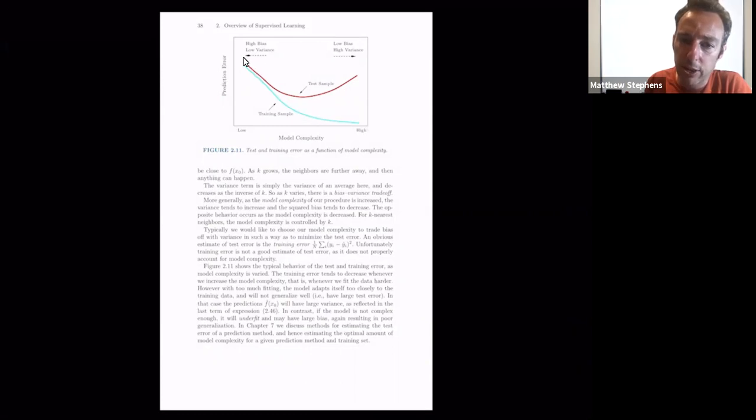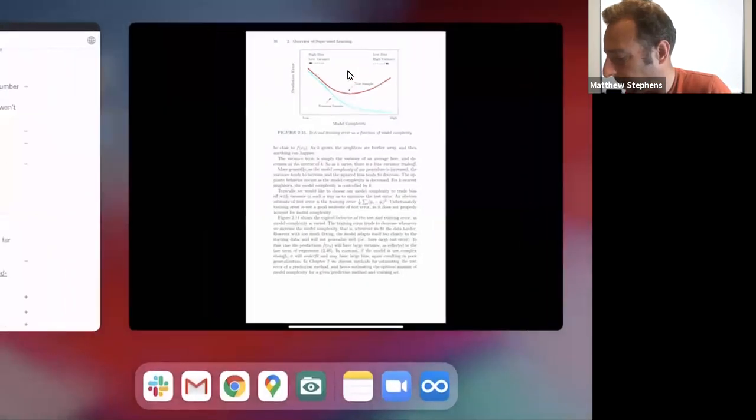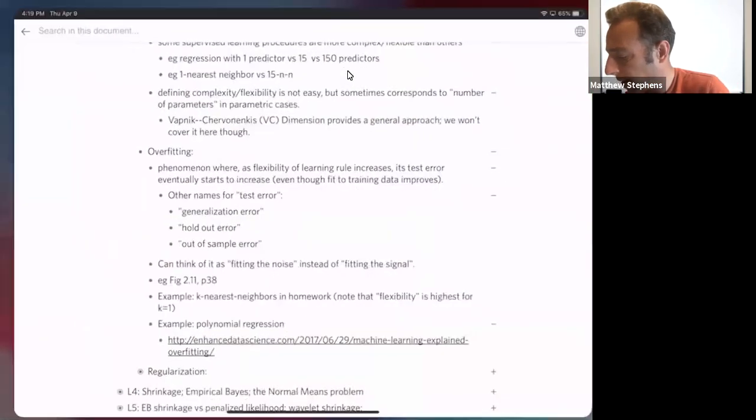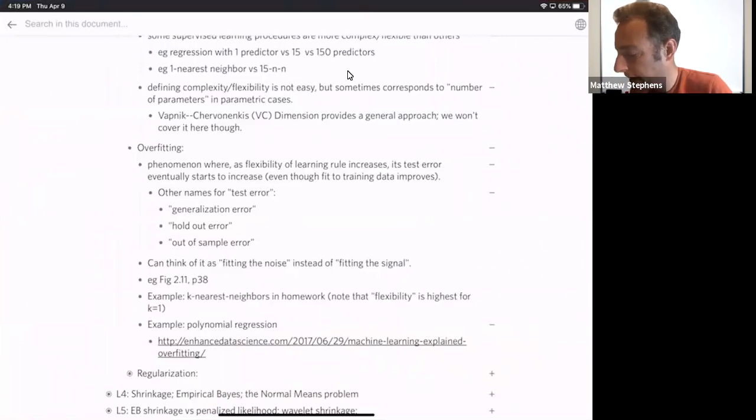But initially, more complex, more flexible models may be better on the test data as well. But there's a sweet spot, and as you make the model too flexible, too complex, you start to get worse generalization performance. This is a phenomenon that we're going to talk about in more detail.